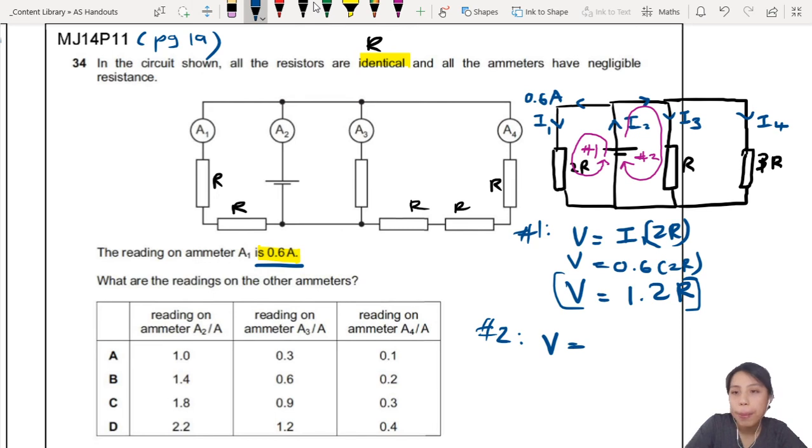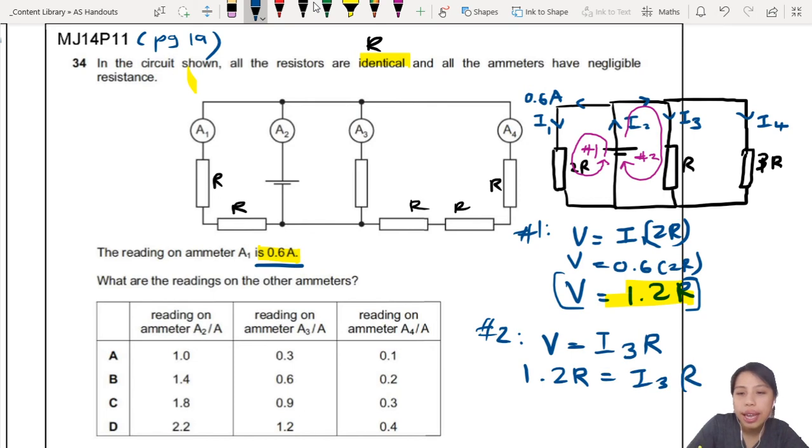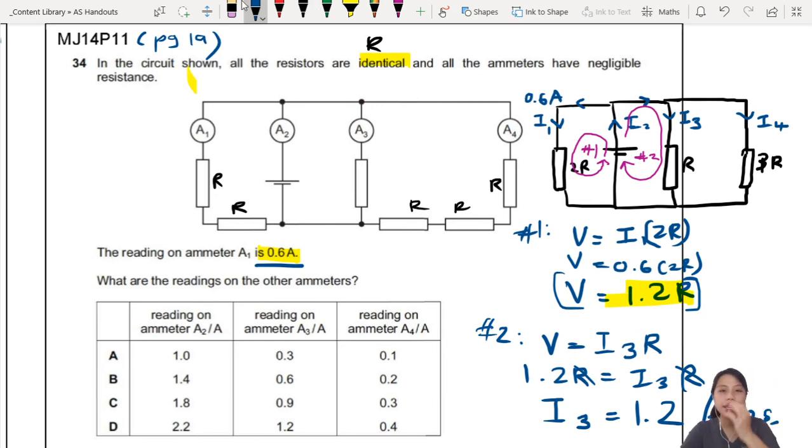Then you drop I3 times R. But very conveniently, you already know the battery PD at first is already 1.2 R. So you just write 1.2 R. Oh, 1.2 R. The R and R can cancel out. Yay! You divide both sides by R, so R is gone. So then I3 is just 1.2 amperes. Ooh, very nice. That was a trick.